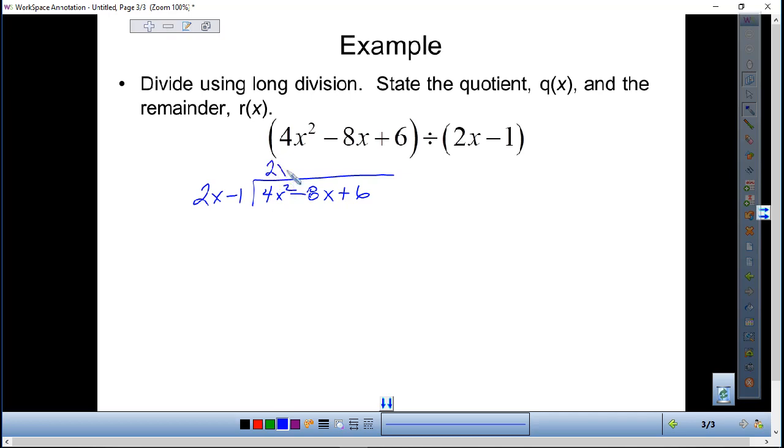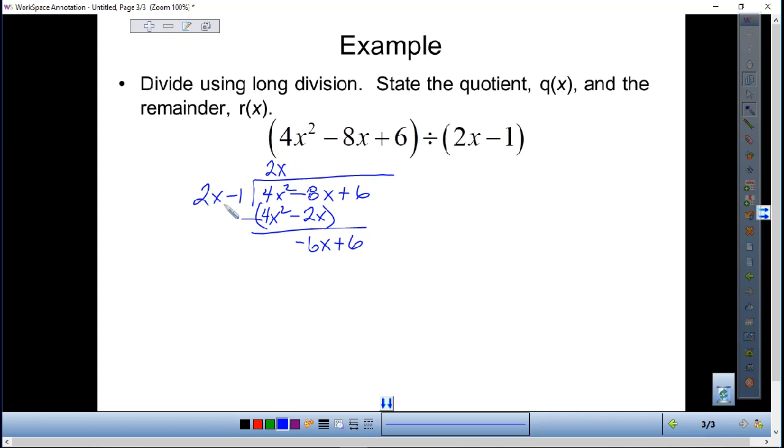That'll be 2x. 2x times 2x gives me the 4x squared I'm looking for. 2x times negative 1 gives me minus 2x. Parentheses, subtract. 4x squared minus 4x squared goes away. Negative 8x minus a negative 2x, that's the same thing as adding 2x. So you get negative 6x. Bring down the next term.